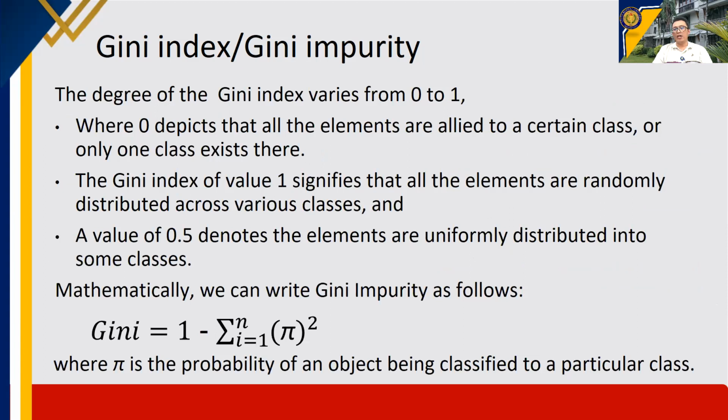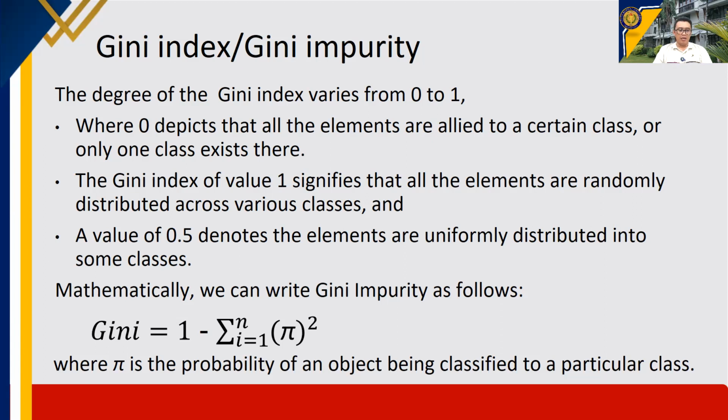The Gini index varies from 0 to 1, where 0 depicts that all the elements belong to a certain class, or only one class exists there. A value of 1 signifies that the elements are randomly distributed across various classes. And a value of 0.5 denotes that the elements are uniformly distributed into some classes.